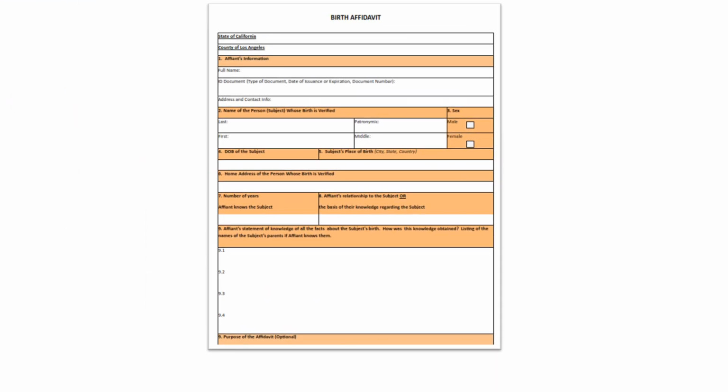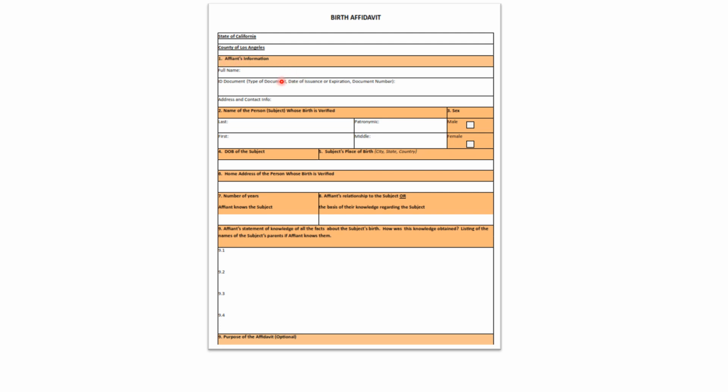So, in our birth affidavit form, we have all these sections, and this describes the process of how the birth affidavit is filled and completed. You can see the title, which is birth affidavit. Location, where we are filling in state and county.